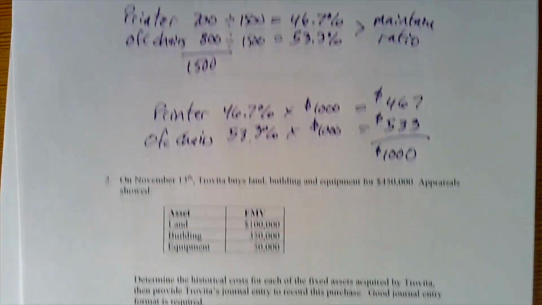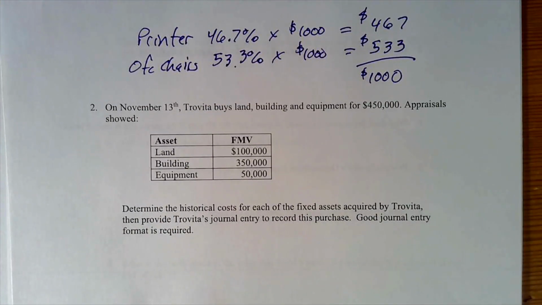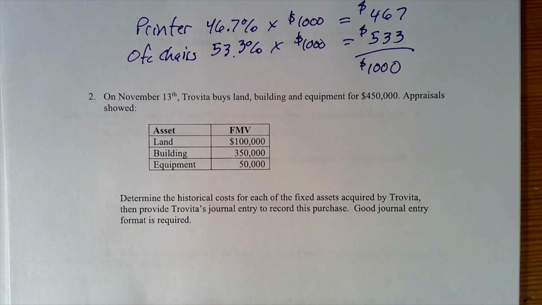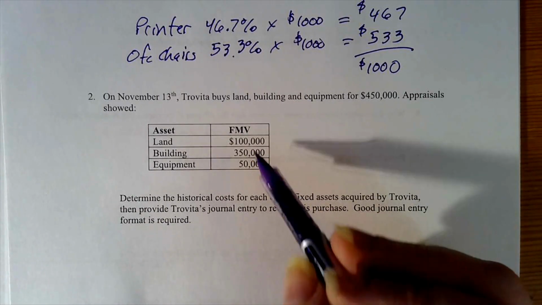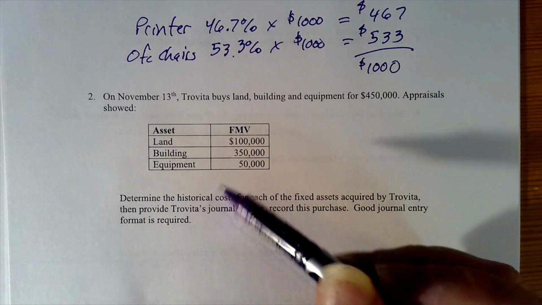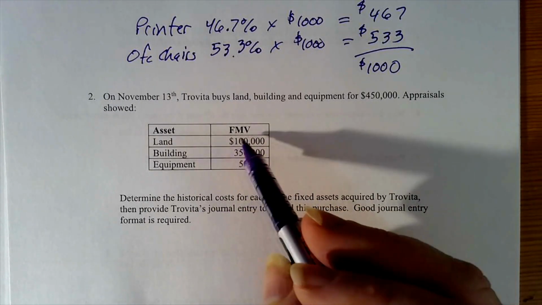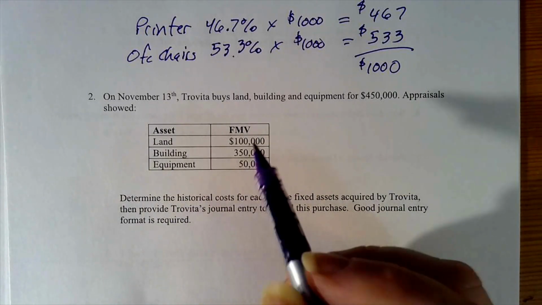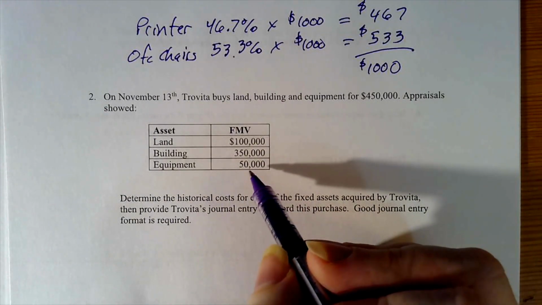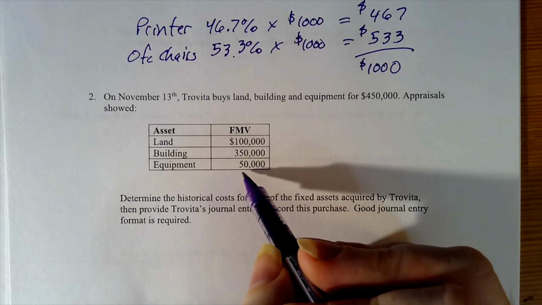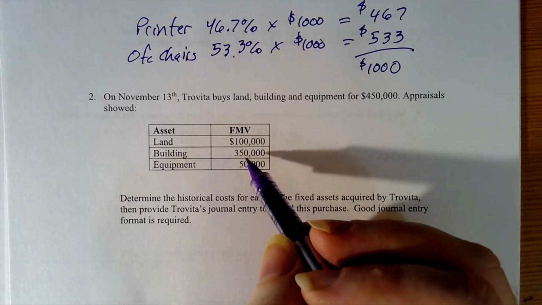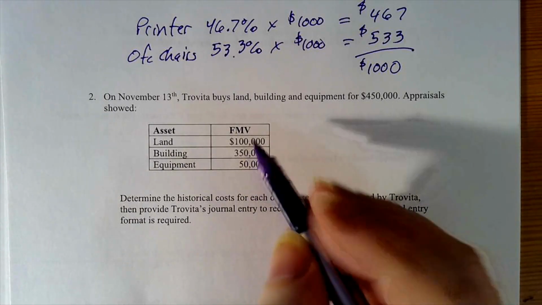So let's look at this again, but with another example. So here, instead of two pieces of equipment, a printer and office chair, we're going to look at several different items. You notice we've got FMV, which stands for fair market value. And so the M is market, right? Market value. So if I add these three, if we bought them independently, it would be 100 plus 350, so that's 450, plus 50.